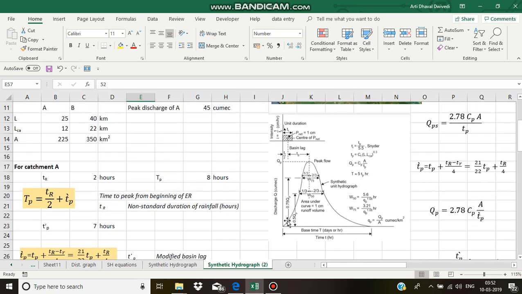And then we can draw a smooth curve to obtain the unit hydrograph, synthetic unit hydrograph for catchment B. W50 has been obtained, W75 has also been calculated, peak discharge is also available now.